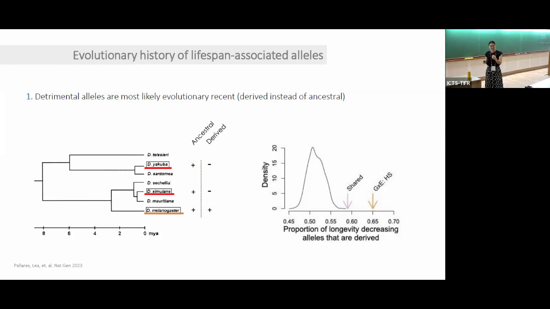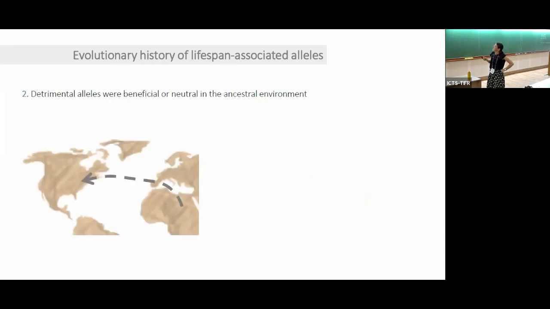The second one is that the detrimental alleles were beneficial or neutral in an ancestral environment. And here we get into tricky territory, because how do you test that? We don't even know what these things do today, so how do we know what they did before? Our approximation, the best idea we could come up with, is what Bruce just mentioned: flies come from Africa around, I don't know, 10K or so years ago.